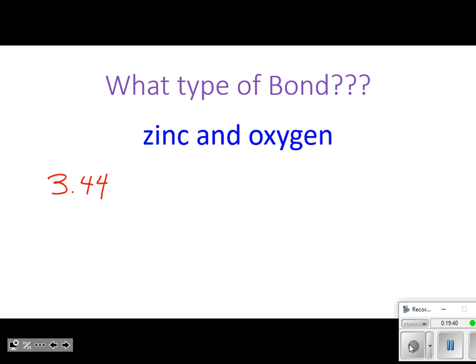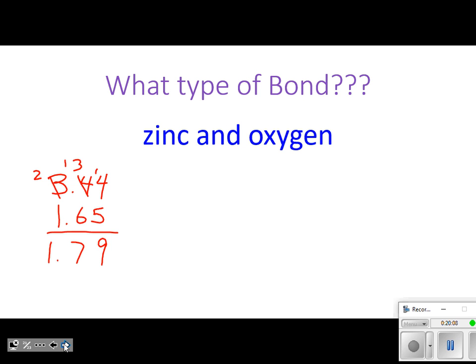Zinc is a 1.65 electronegativity. I need to borrow once again. I have a 9. I need to borrow again. I have a 7. 1.79. Sound right?